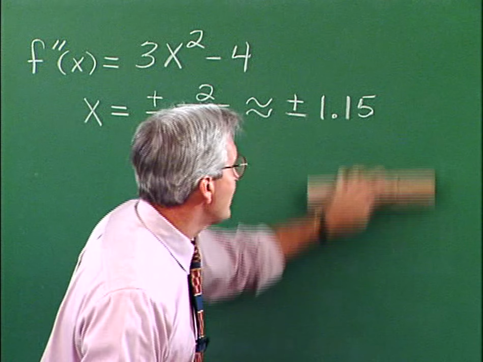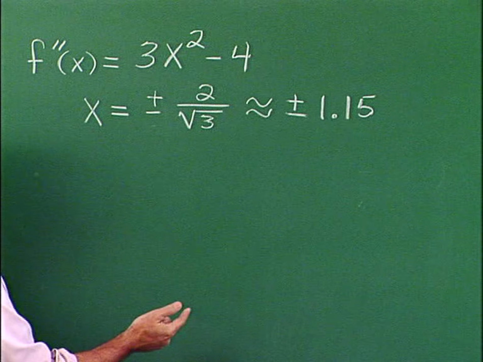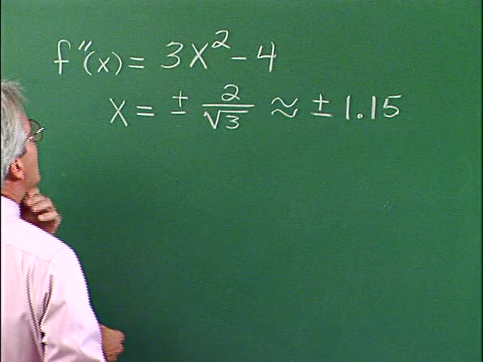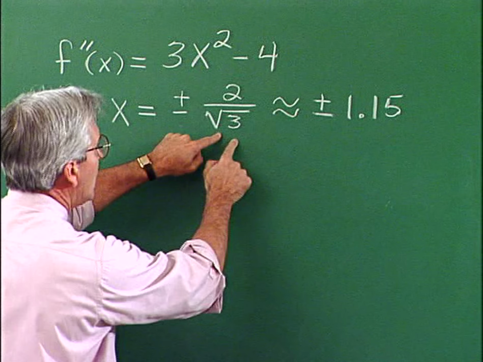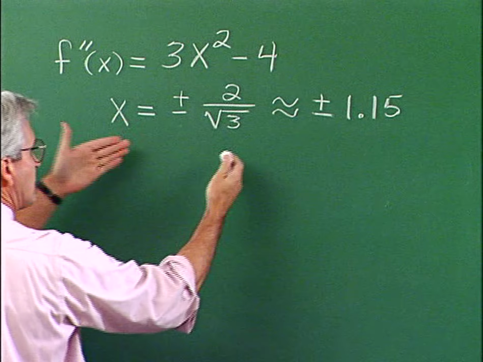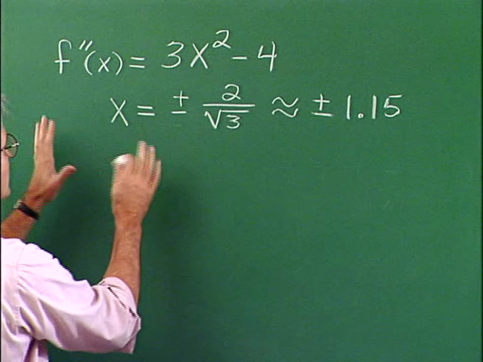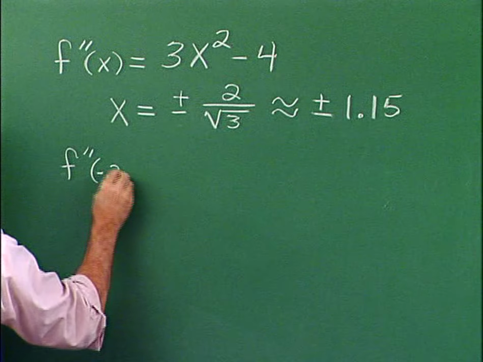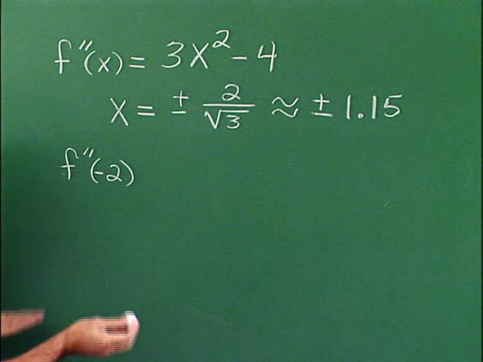Now, where do these points 0, 2, -2 fall? And what about concave up or down? Well, let's see. -2 would fall, if we're thinking intervals, into the region to the left. So what about examining f double prime of -2? What is the value here?